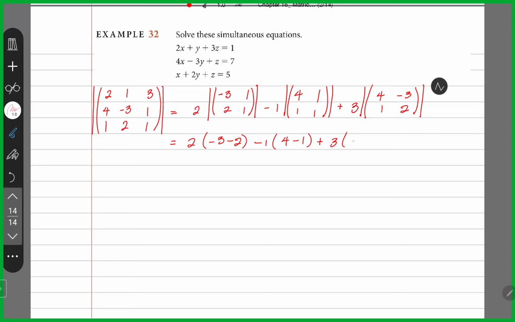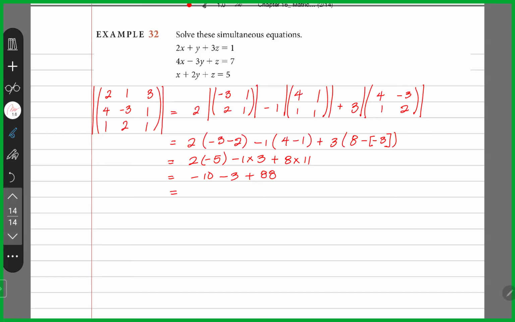So this is 8 minus 3. This is 2 times minus 5, minus 1 times 3, plus 8 times 11. This looks like minus 10 minus 3 plus 88.